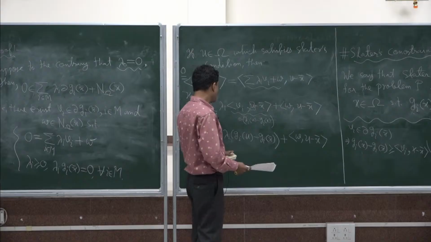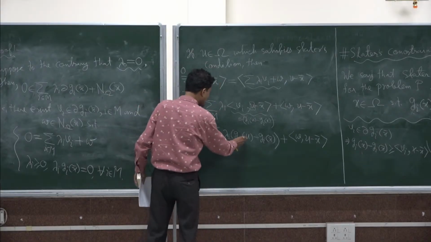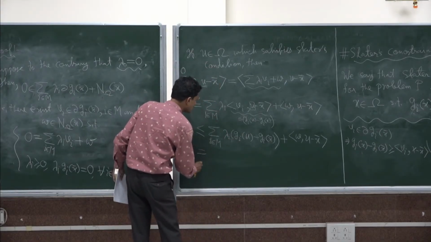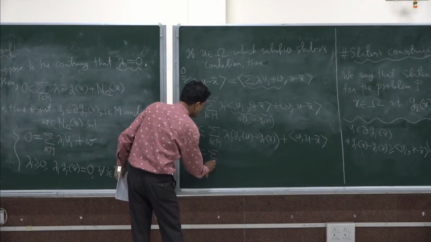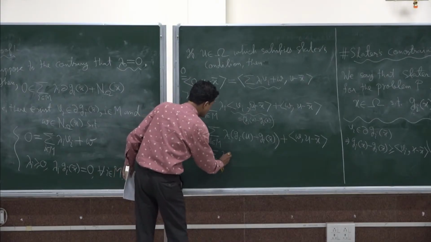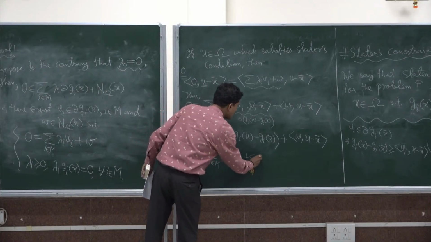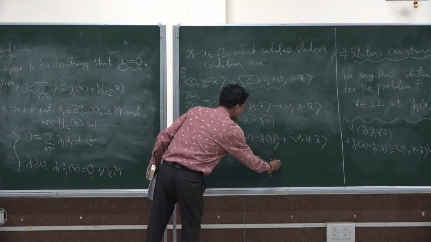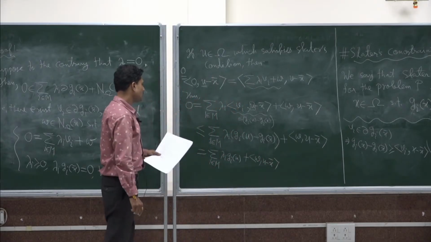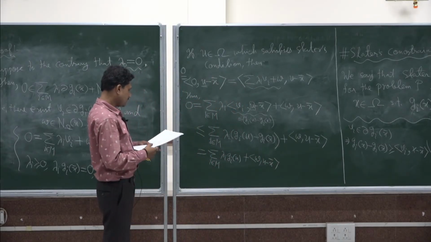So we will remain with this lambda i gi u. So this is actually equal to the summation over i in m of lambda i gi u plus omega, u minus x bar, right?